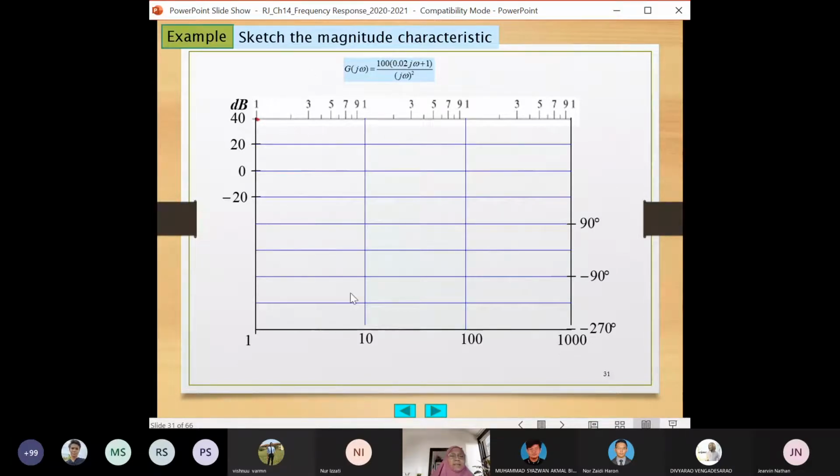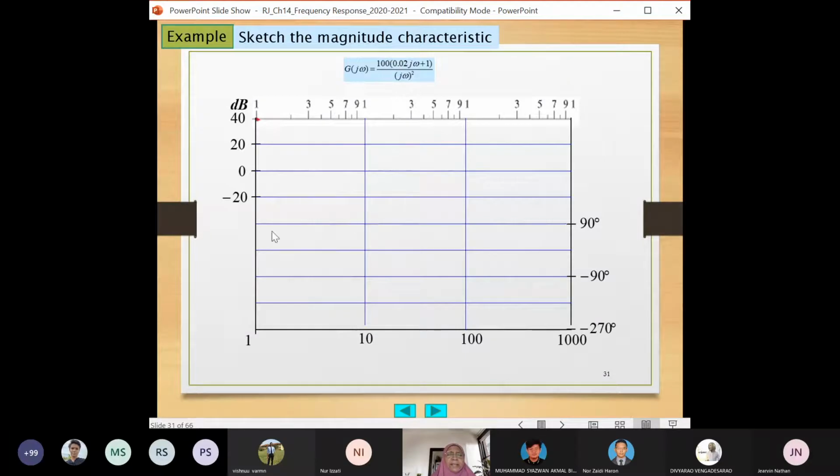So this graph is semi-log. This one is both log and log. The y-axis is also log. The x-axis is also log, because it's a frequency, so you need to span. The top part we designate for the magnitude plot.